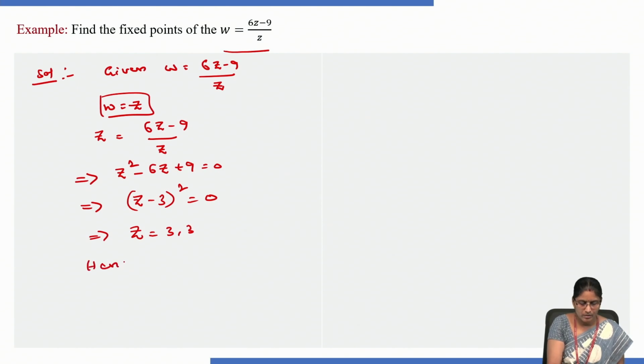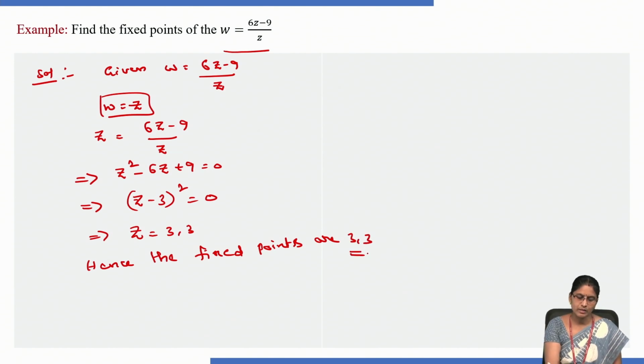Hence, the fixed points are 3, 3. Two fixed points we get, that is 3, 3. So to find out the fixed point means we have to replace w with z. Then solving that equation, we get the fixed points.